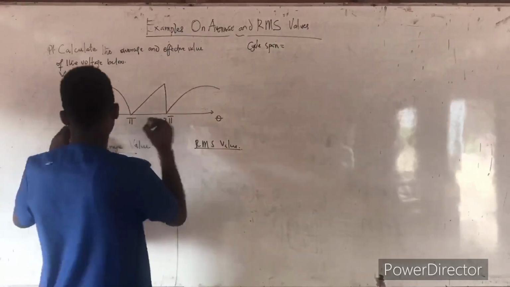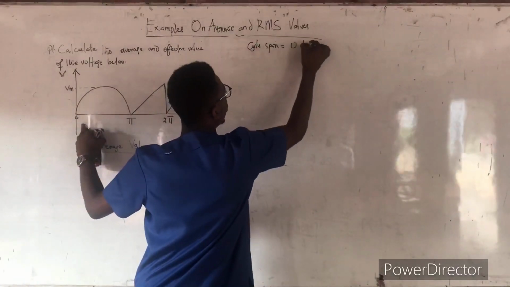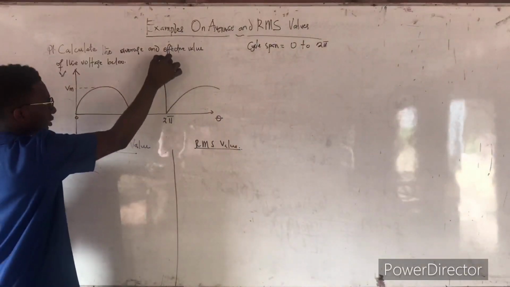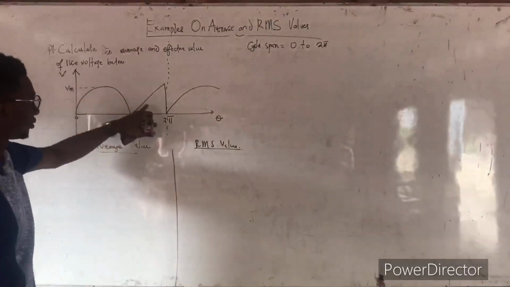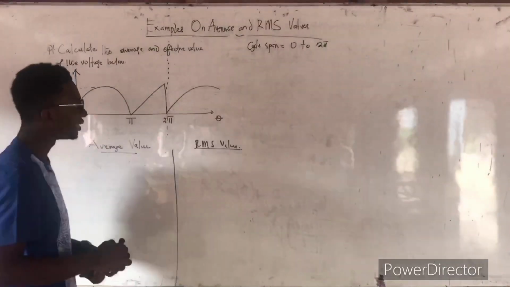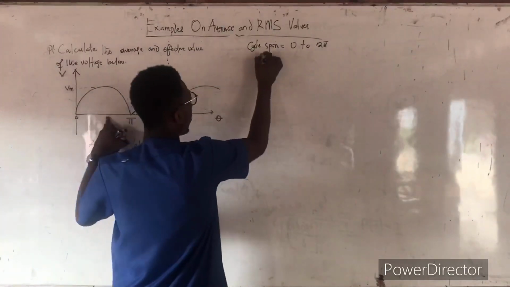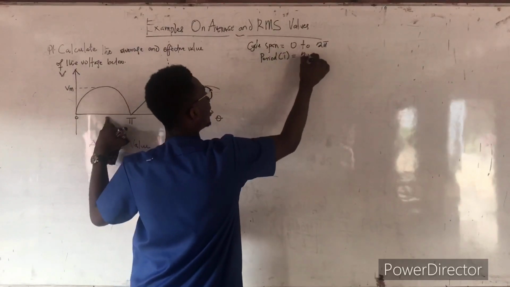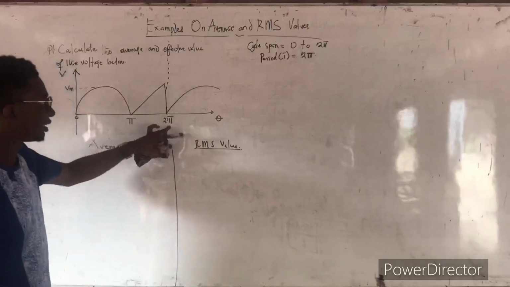So the cycle span is simply from 0 to 2 pi. So this is one cycle, and the cycle repeats itself again. So that is the cycle span. So to get the cycle span, then our period, which is the T, obviously, is 2 pi. Our period is 2 pi.